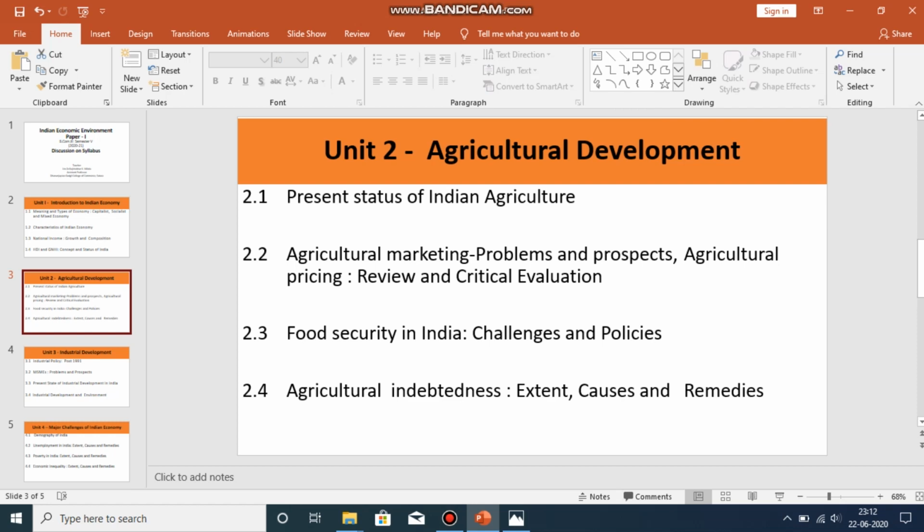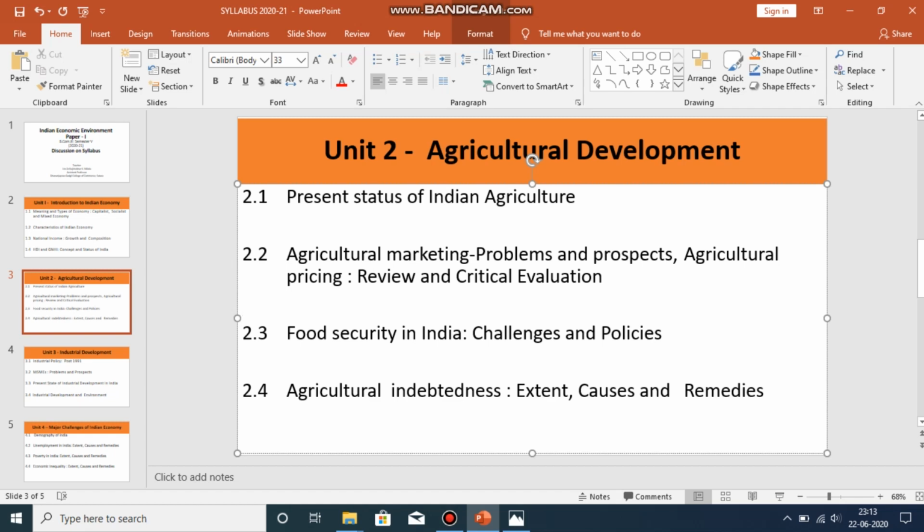In this particular point we will study what efforts have been taken by the government to maintain the stability of agricultural prices. Review and critical evaluation, in this point we will study this particular issue.